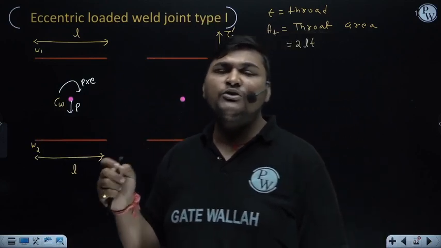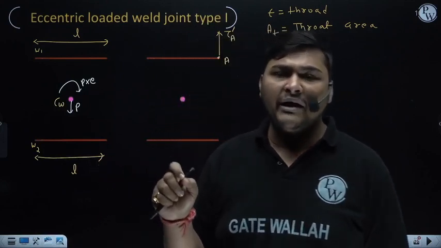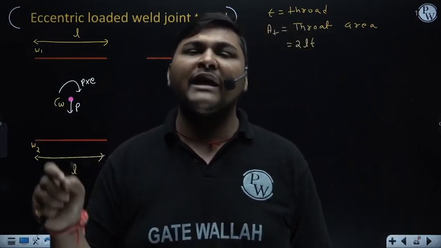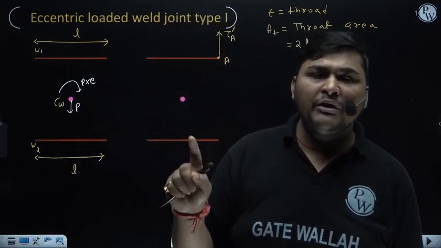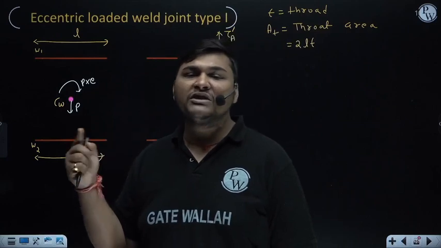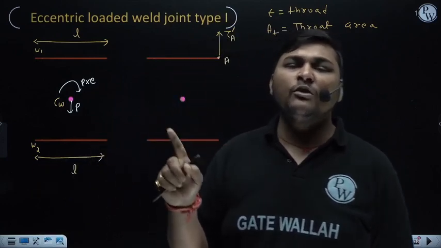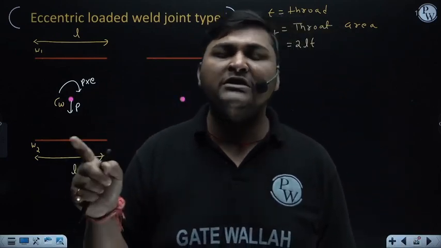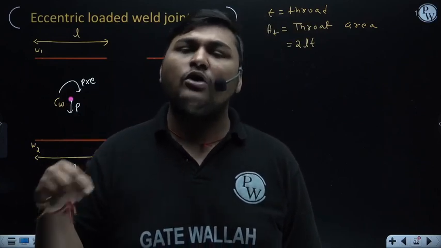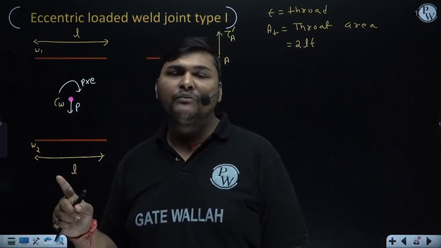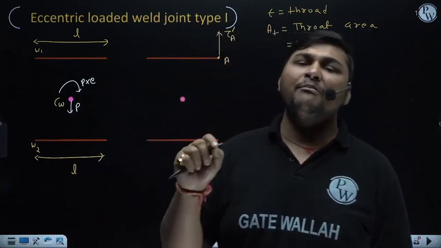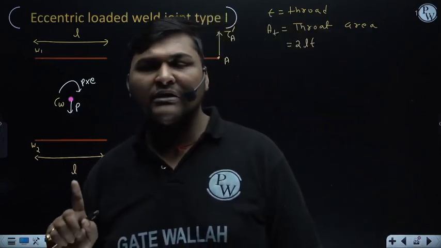If resistance of moment is about the perpendicular axis of the cross section in which we are calculating stress, that moment will be torsion moment, due to which torsion shear stress will be induced. If resistance of moment is about an axis along the cross section in which we are calculating stress, then that moment will be bending moment for the cross section, and due to that moment bending stress will be induced in the cross section.